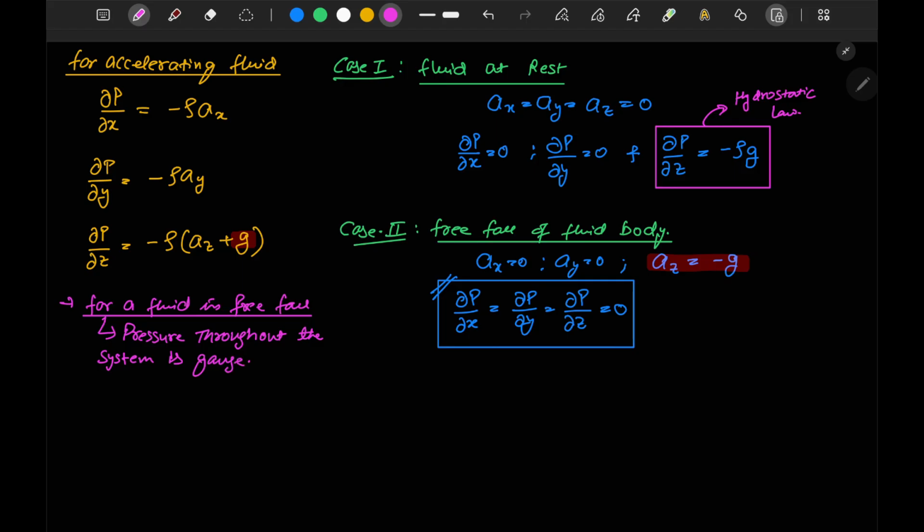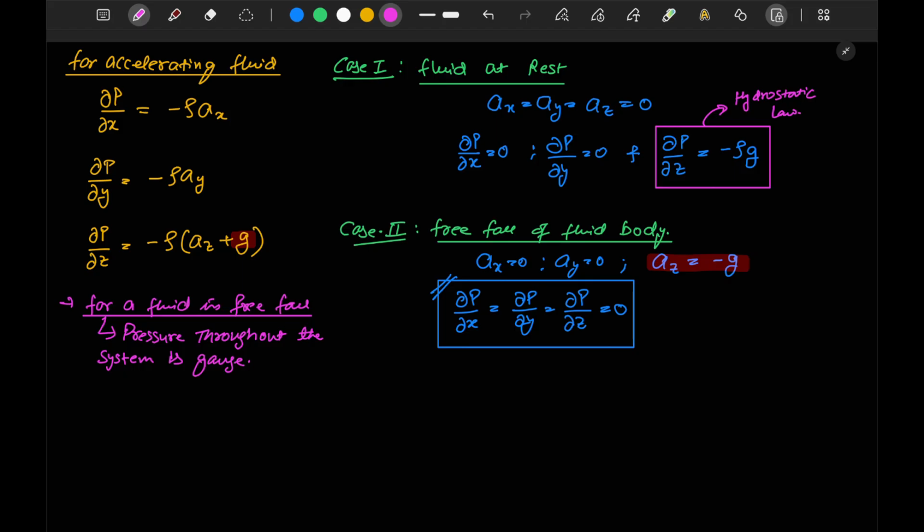Okay, so we see that there is no variation in pressure with depth. With height there is no variation in pressure, so at each and every point your pressure will be equal to, sorry, not gauge, your outside pressure.